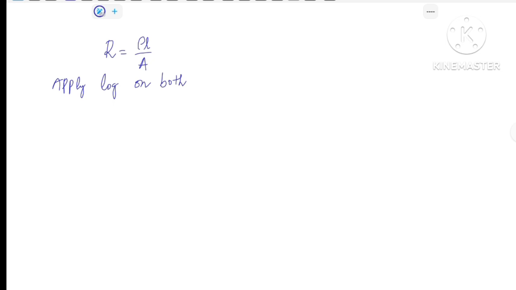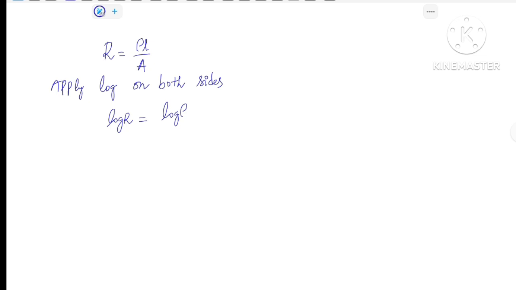So if you apply log on both sides, you will get log R is equal to log rho plus log L minus log A, because I have applied the properties of logarithms here.